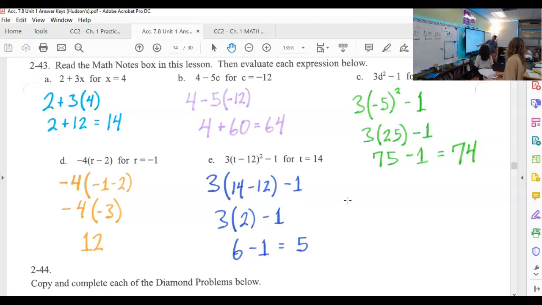So 2 squared should actually turn into 3 times 4. This should be 12 minus 1. And it should be the answer that they got of 11. So I'm going to change that on my paper. Unless I changed that last year and just forgot. Nope. I wasn't there on the one day that we did this.